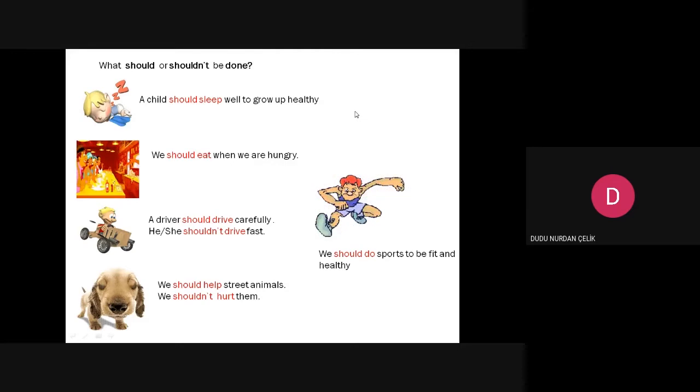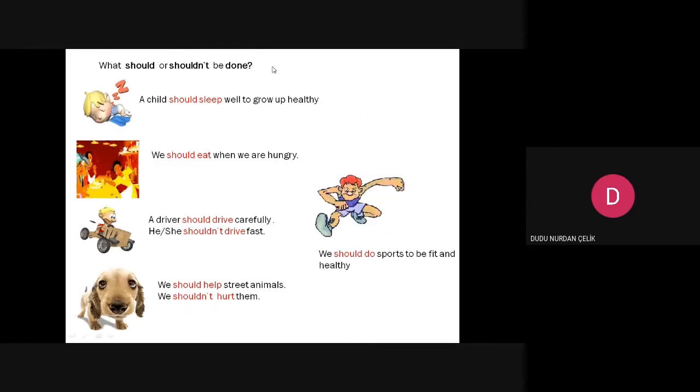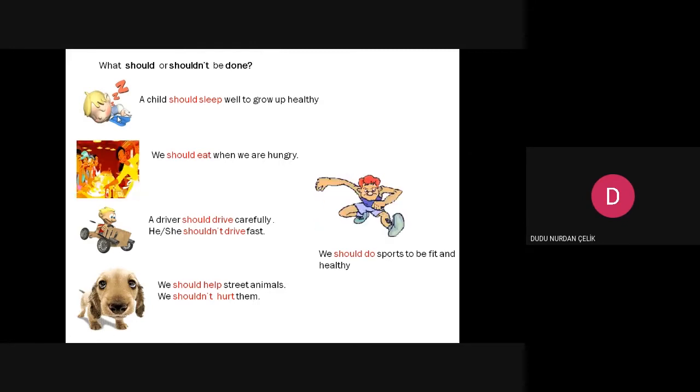Here we have some explanations in the sentences. What should or shouldn't be done? Small children or babies grow up with feeding and of course sleeping long hours. Yes?